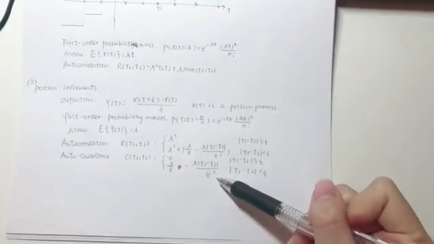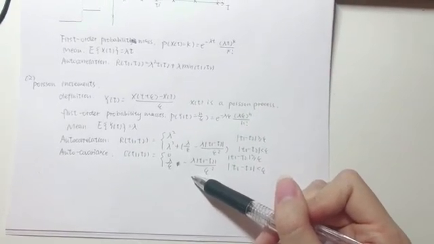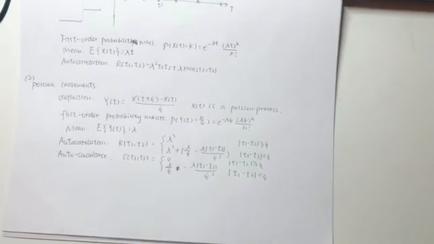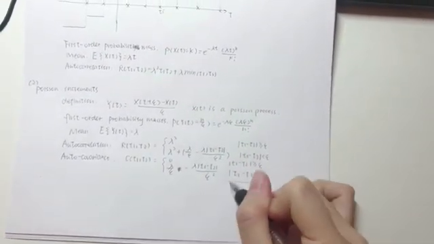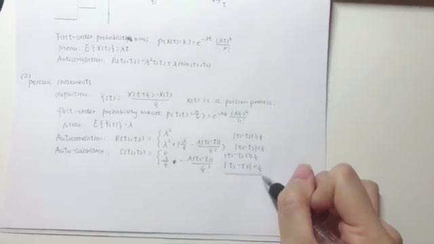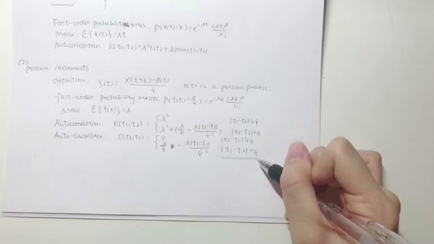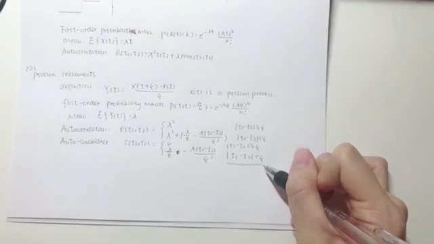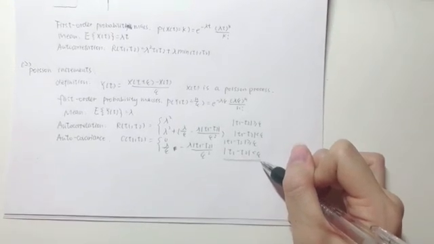The figure of this part is a triangle, and the area will be lambda, independent of epsilon.